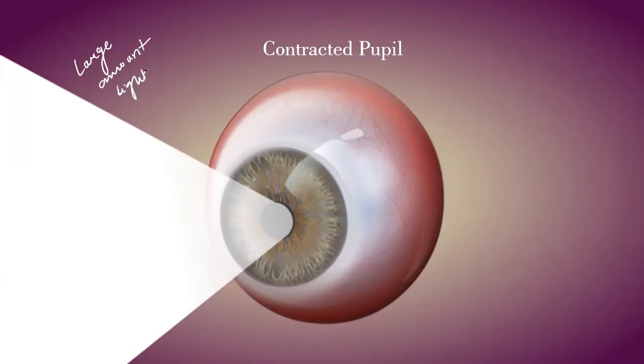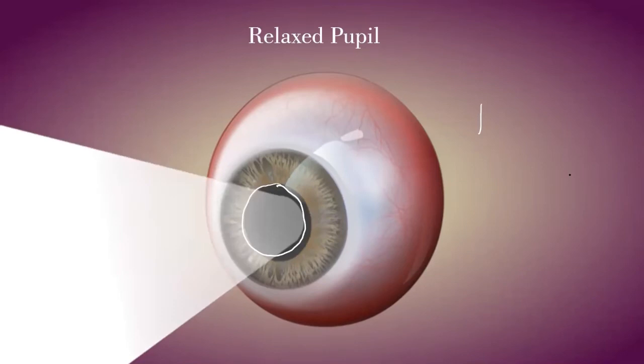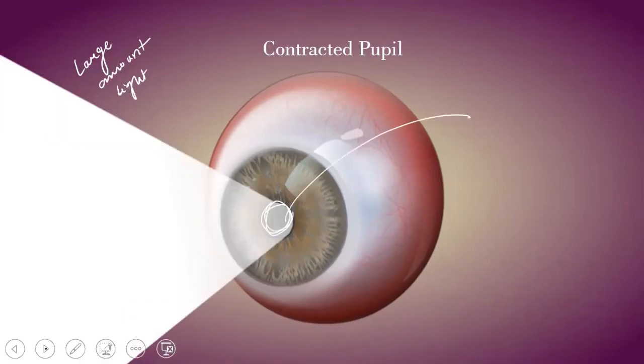So what does the pupil do? The pupil reduces its size. It becomes contracted and allows very little light to enter the human eye, because if a large amount of light enters, the eye might get damaged. This controlling of the amount of light is the work of the pupil, right? So if you observe, small, big, small, big.